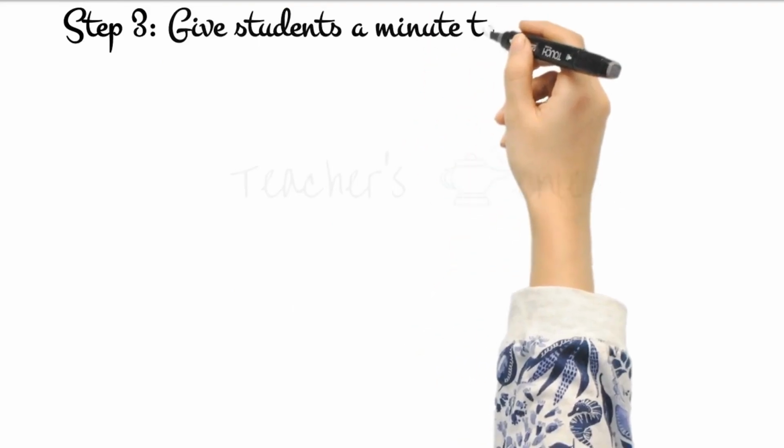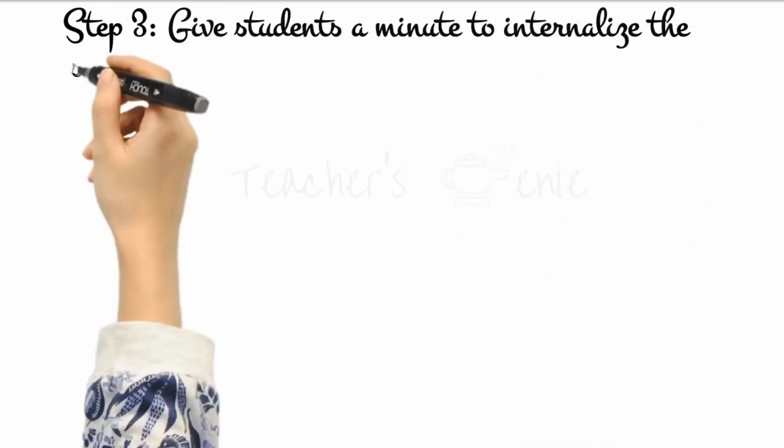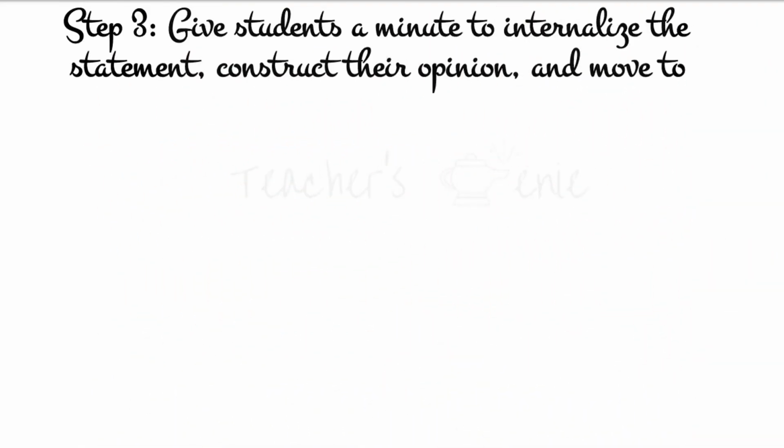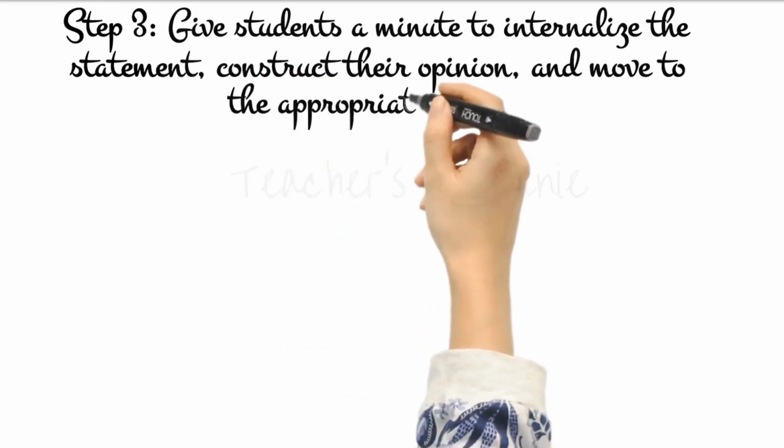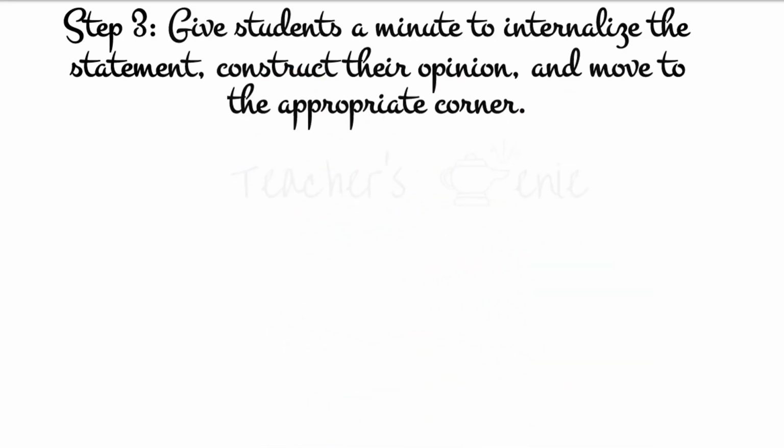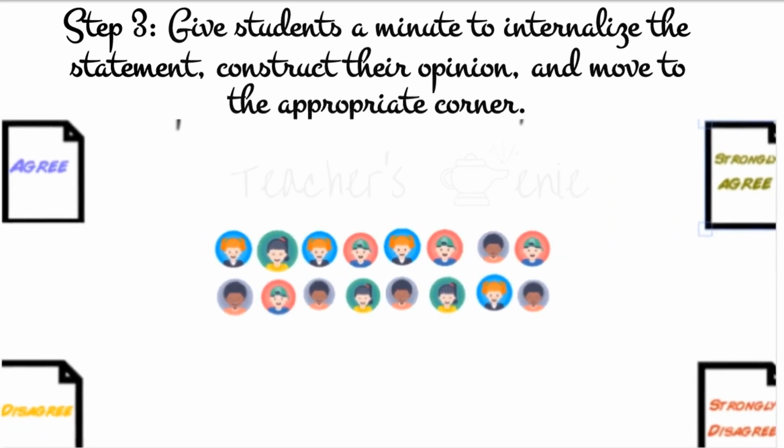Now that you have provided the statement, that is, plants are the main source of oxygen on the planet, step 3 is to give students a minute to internalize the statement, construct their opinion and move to the appropriate corner. What I mean by this is let the students take a moment to reflect on the statement provided, considering the implications and the factors involved.